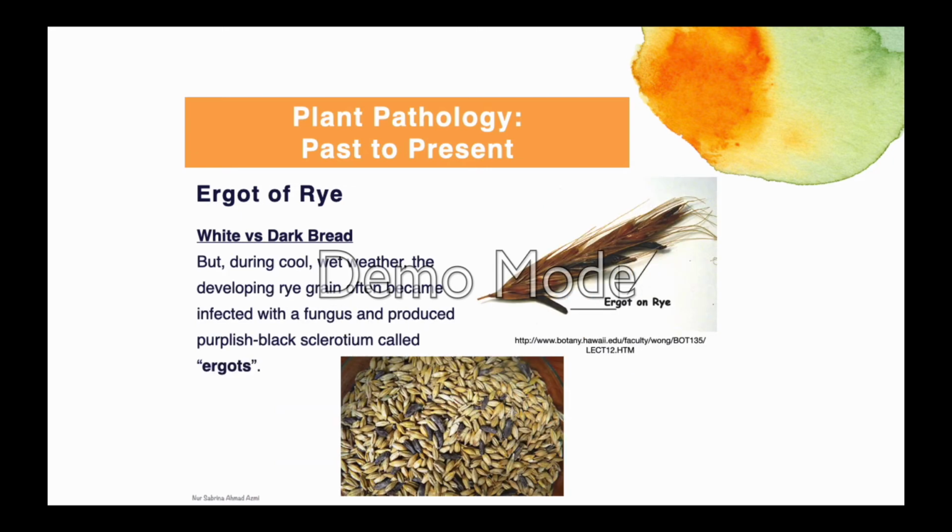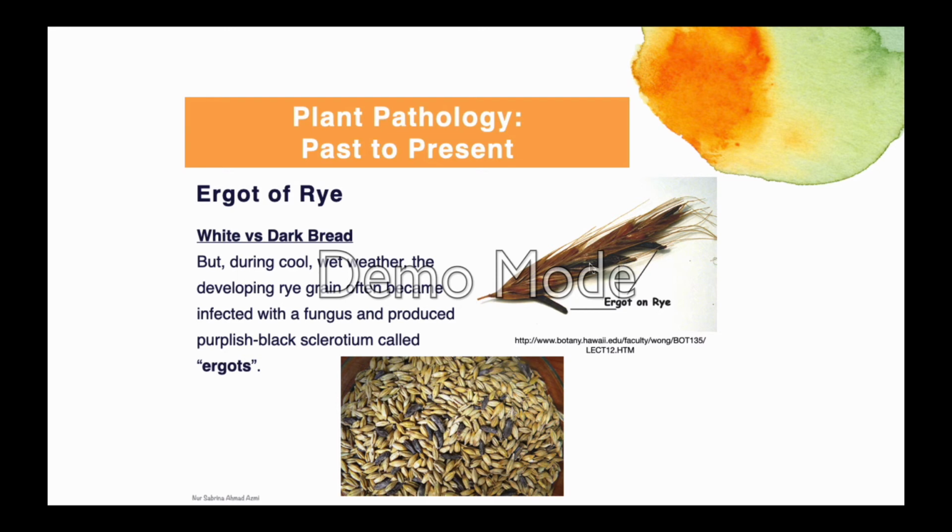During cool and wet weather, rye grain normally becomes easily infected with a fungus, and this fungus produces a black purplish sclerotium that is known as ergot. This one is actually not the grain.